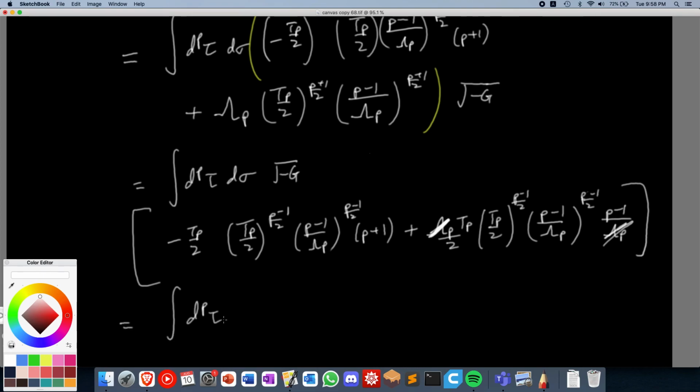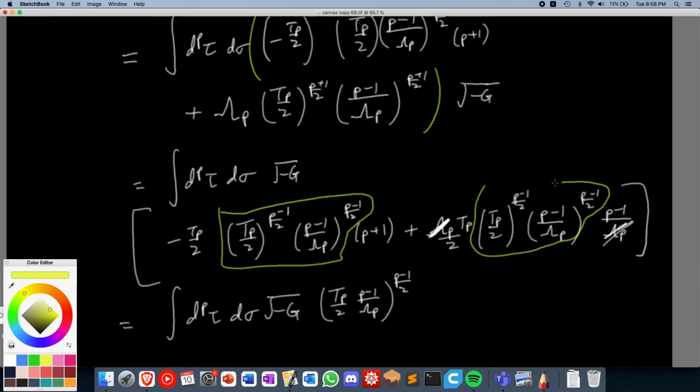So this is p tau v squared minus g, this is tp over 2 (p minus 1)/lambda p, this whole thing (p minus 1)/2. So this is the common term I'm factorizing out now.